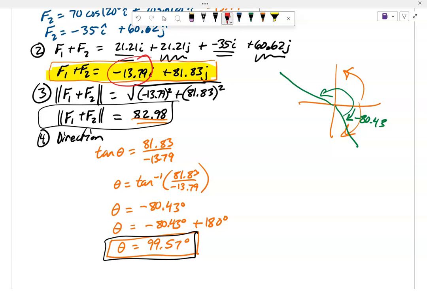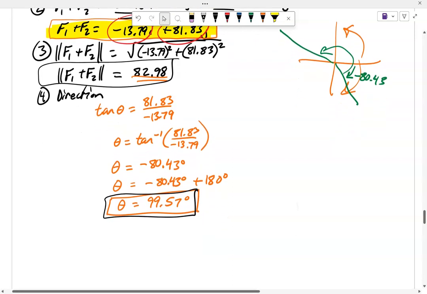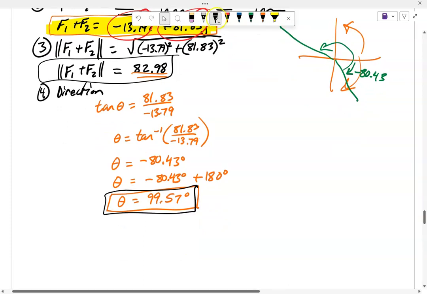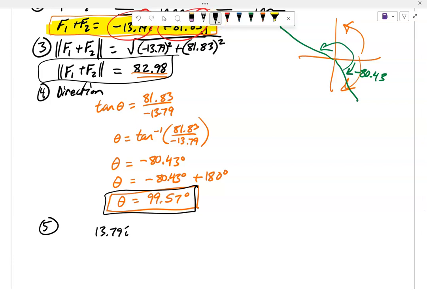So we would need a positive 13.79 and a negative 81.83. That's the additional force needed. You just switch those so that when you add them, they go to 0i and 0j. The force necessary would be the opposite of that resultant force. So the result would be 0 for both vector components.